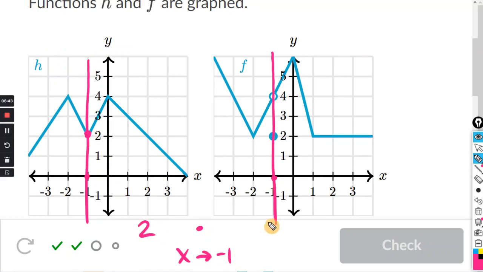On the other graph, x approaches -1, from this side it's 4, and from this side it's 4. Never mind the fact that it jumps. We're looking at what it approaches. So 2 times 4 is 8. That's it. Luckily, we didn't get a does not exist, so we didn't have to do the one-sided limits individually.